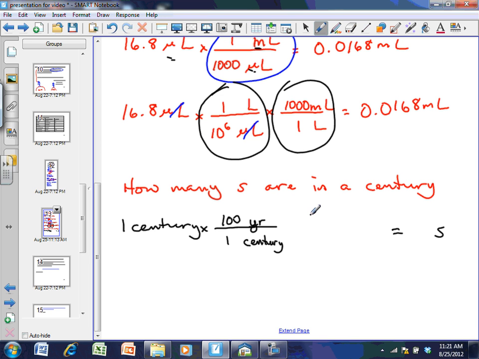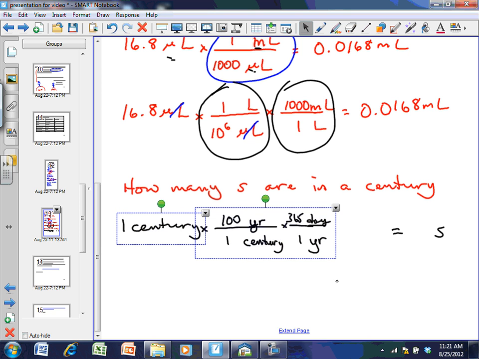Do I know how many seconds there are in a year? So I've got to get rid of years, so I'm going to put them in the denominator. No, but I do know how many days. 1 year is 365 days.